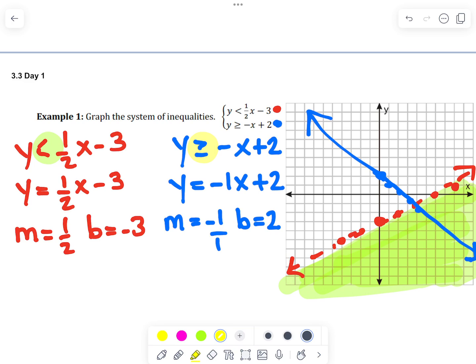This is saying it is greater than or equal to, so we're going to shade above, the greater points. And then we see where the two regions intersect to give us one solution. I'm going to highlight that in darker shading, and that's going to be the solution area, where the two overlap.